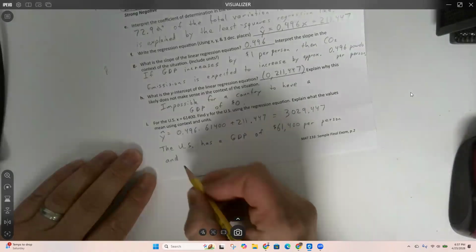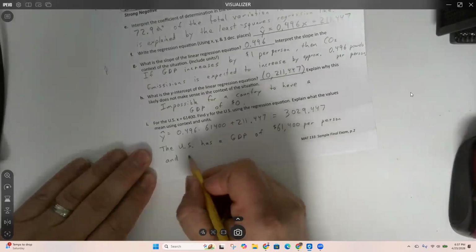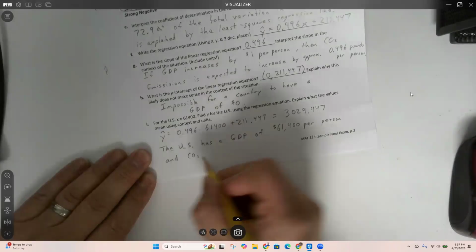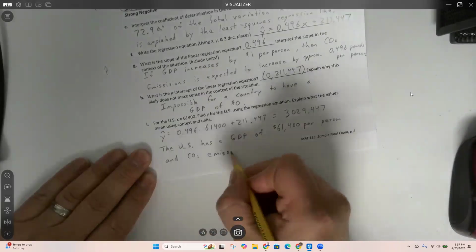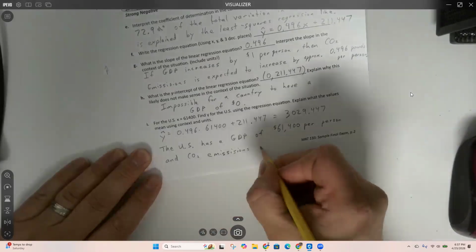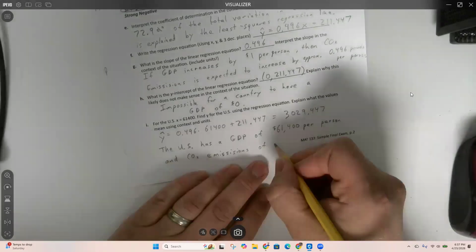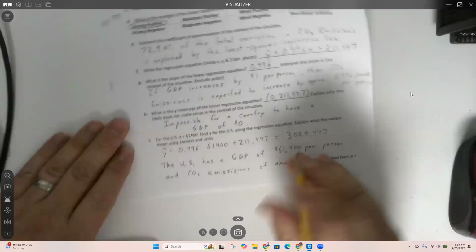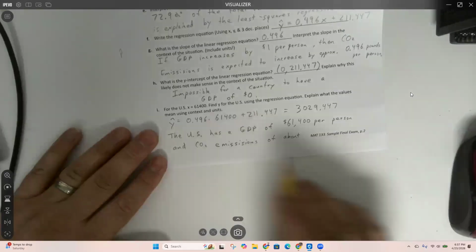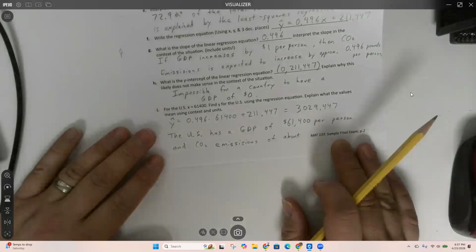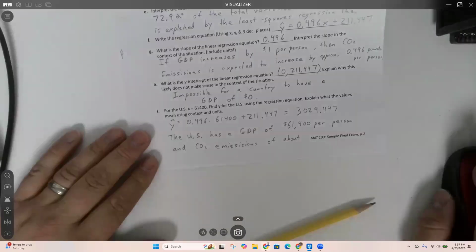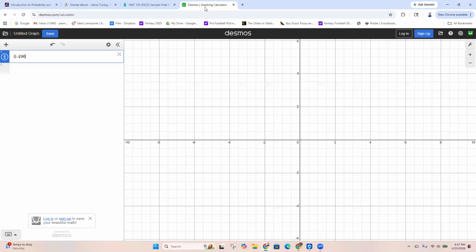Per person, and CO2 emissions of approximately or about. Mike says he got 30,000, a different number. Well, let's just see here. 0.496 times 61,400 plus 211.447. Yeah, I got a different number too.